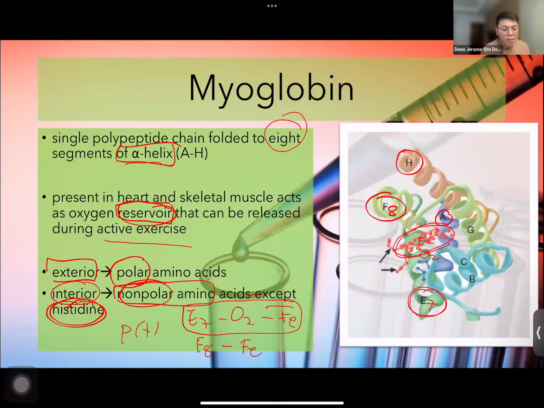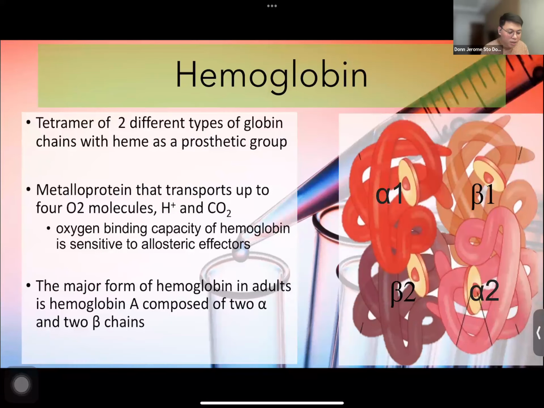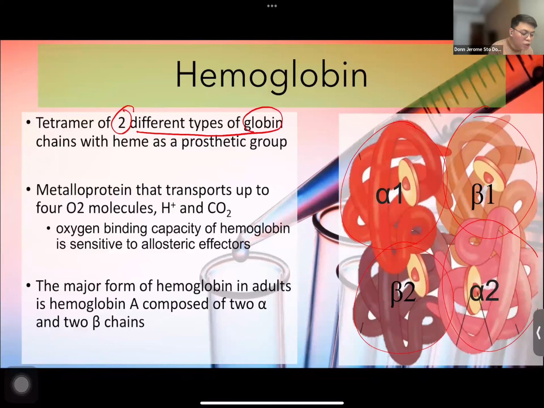So tatandaan nyo, ang myoglobin, pag gumawa ka ng 4 niyan, it has a similar structure with your hemoglobin. Yung individual subunits, it's similar to myoglobin. Alright? So hemoglobin is a tetramer of 2 different types of globin chain with heme, ito yung nasa gitna, with heme acting as the prosthetic group. Okay?